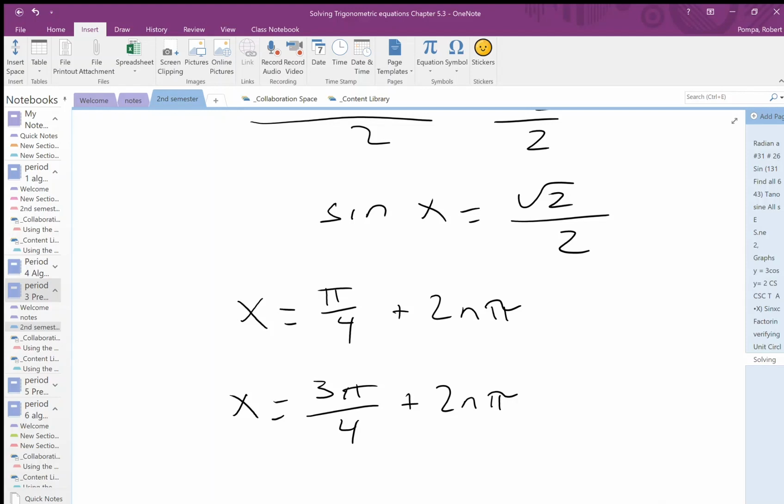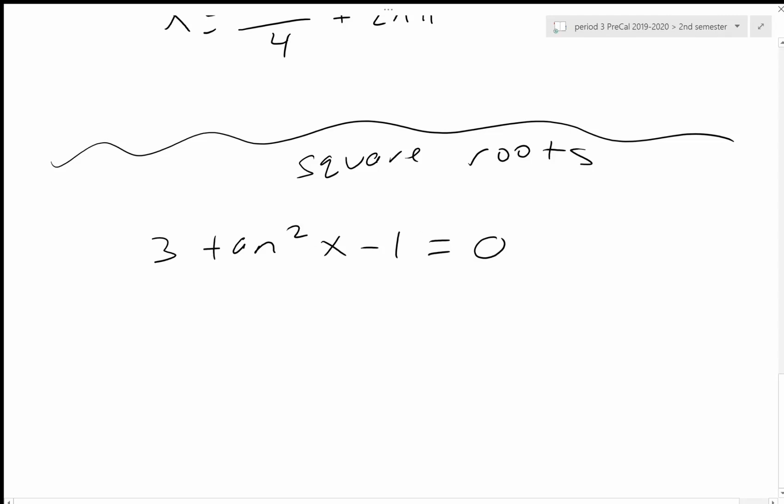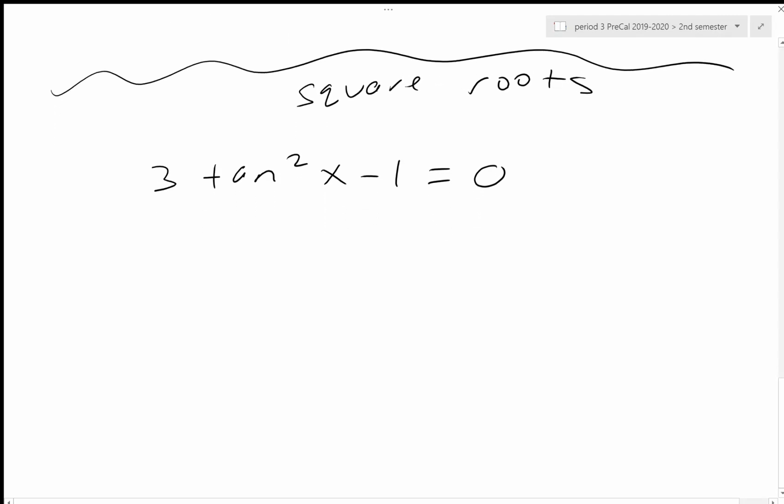Alright, next example would be square roots. So here's an example. 3 tangent squared of x minus 1 equals 0. Again, anything with the trig function goes on the left, anything else goes to the right. So I'm going to move this plus 1 to the right.